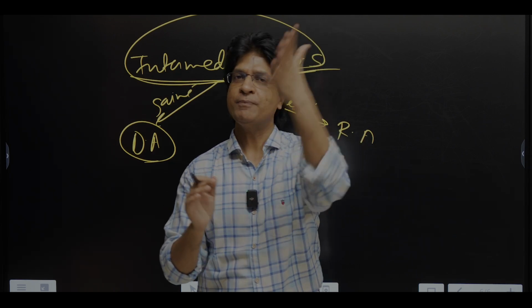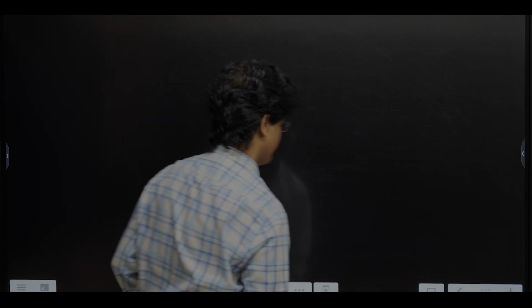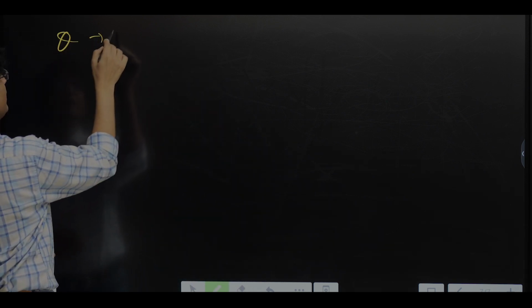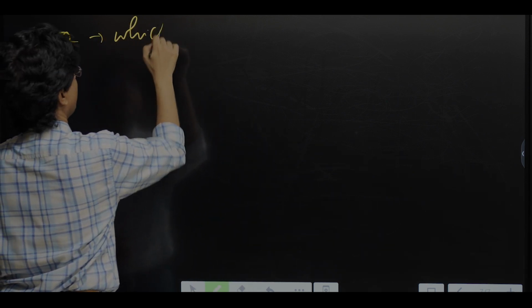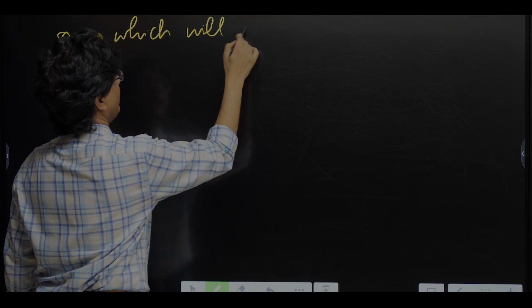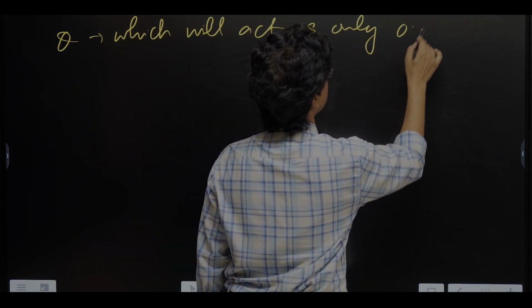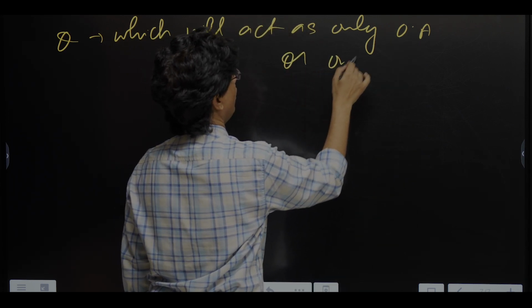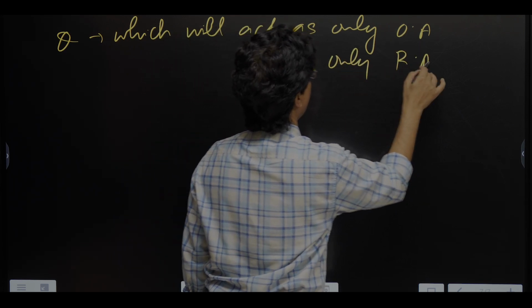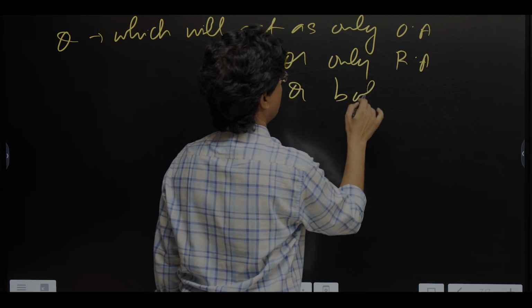So let's practice some questions. Come on, let's do some questions. Chalo. The question says: which will act as only oxidizing agent, or only reducing agent, or both? Let's check it out.